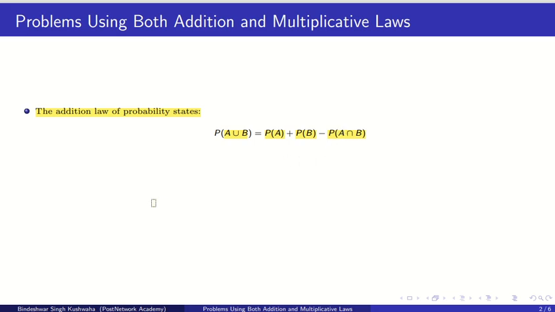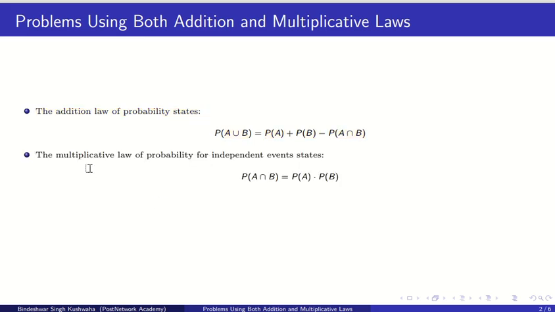Now the multiplicative law of probability for independent events states that if events are independent, then P(A intersection B) would be equal to P(A) P(B). Now these laws are often used together to solve complex probability problems.